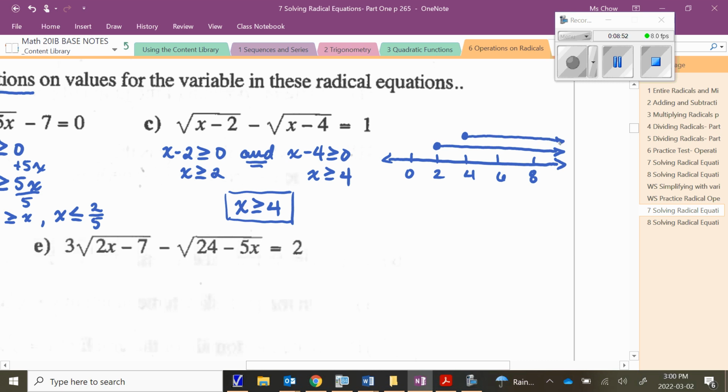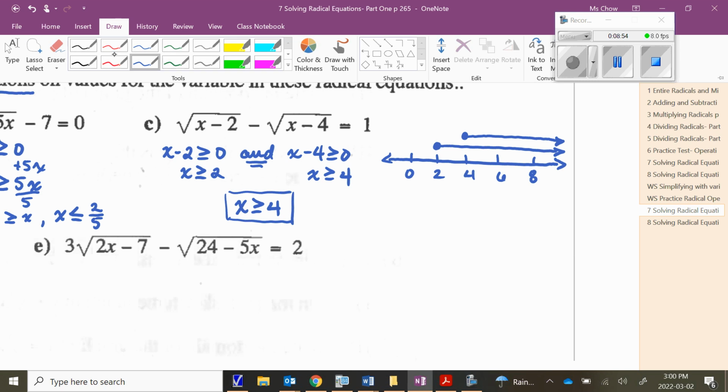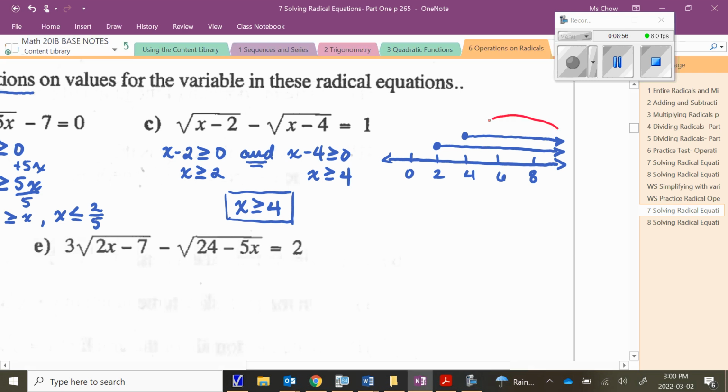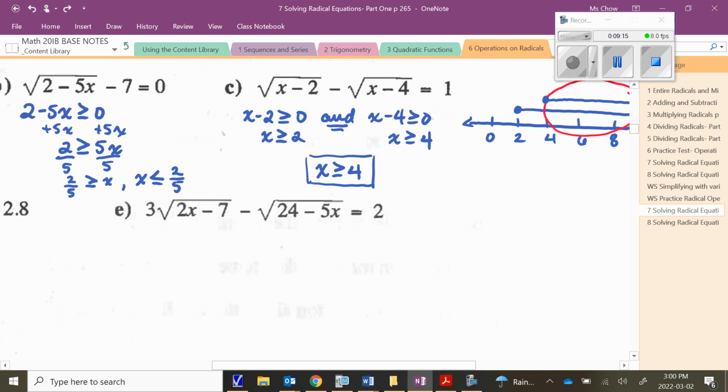So what values satisfy both of those inequalities are all of these. So you can see where that overlap is, and that's why x is greater than or equal to 4. Because these values right here between 2 and 3.999 are not going to satisfy x being greater than or equal to 4.